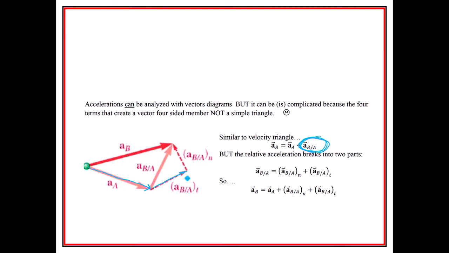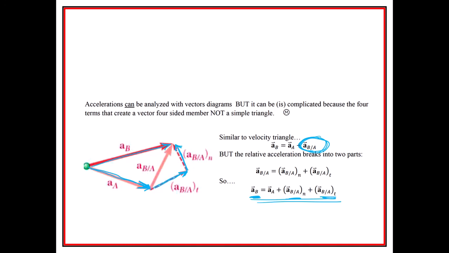We add in three parts to get the resulting AB, right? So, right here, it's written out there. AB, this thing that we want to know, is made up of AA, right here, plus the tangential, I guess I'll do the tangential one first, right here. The tangential one and the normal one right here.